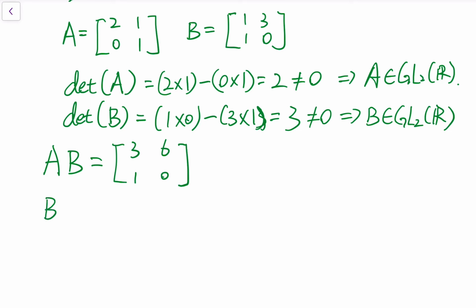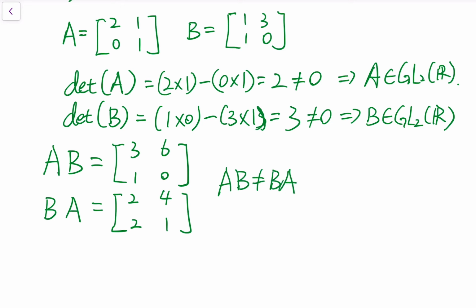And if we do the opposite order, B times A, that is 2, 4, 2, 1. Obviously, A times B does not equal B times A, so we can conclude GL2R is not Abelian.